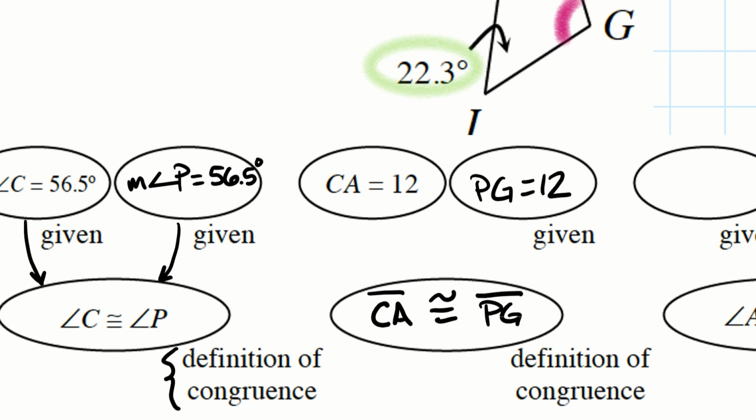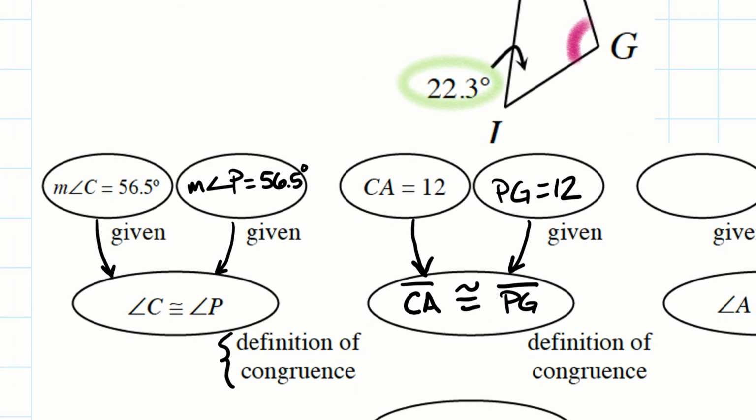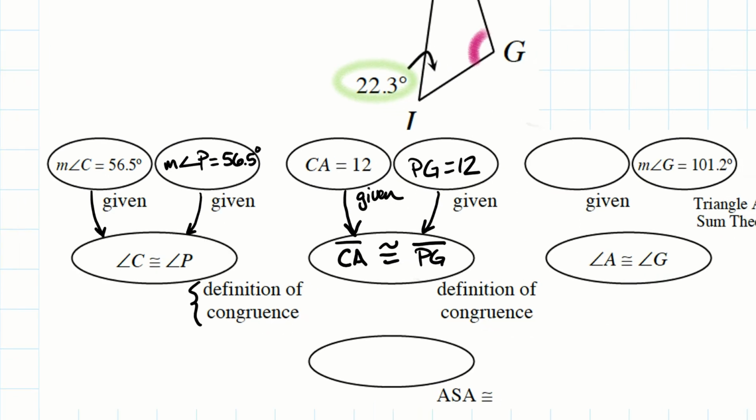So when I write the line over it, I read that the segment, and up here I'm talking about the length of it. And again, in order for these two segments to be congruent, it has to be the case that they are equal in length, and I can see that I've supported evidence that they are equal in length. The evidence is that it was given in the diagram in both cases. In fact, I should write the word given here. So in both cases, it was given that they were equal in length. Therefore, they are congruent to each other.